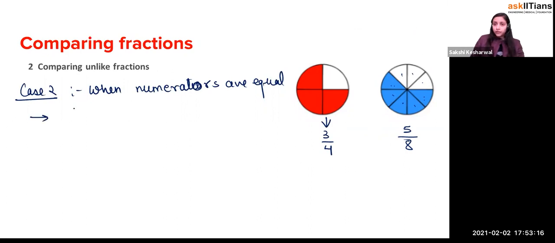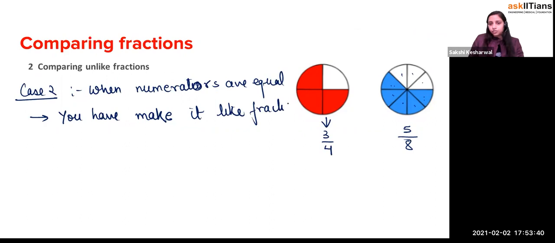You have to make the denominator the same. Right now, we cannot make the numerator the same, but we can make the denominator the same. You have to make it as an equivalent fraction, a like fraction, right?